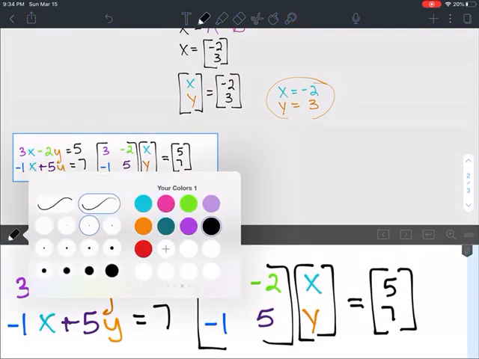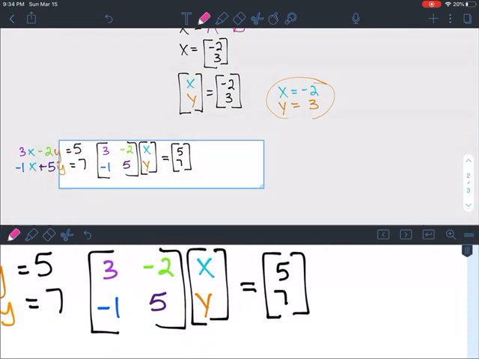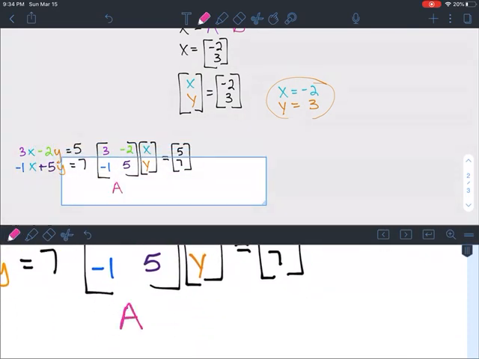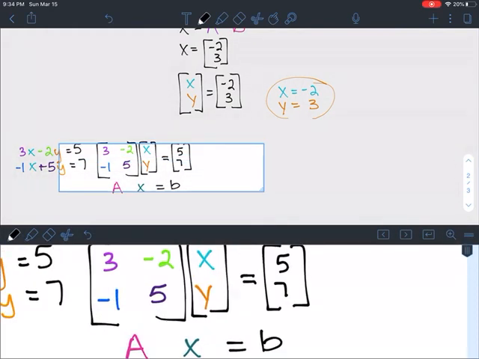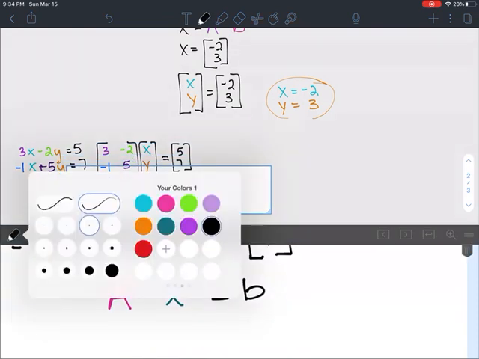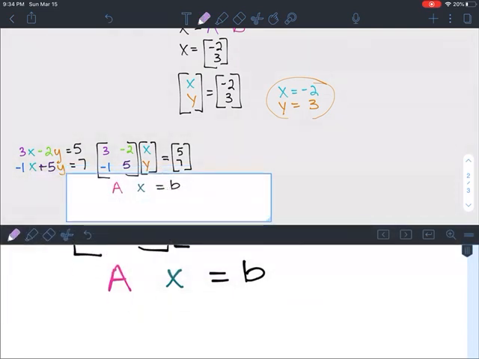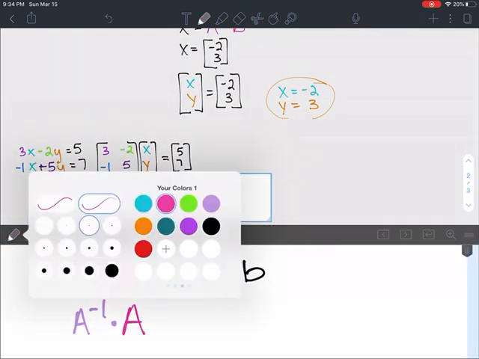So what we're going to do now is, again, I'm going to name things. I'm going to call this guy my A. We will call this X. And this is going to equal B. So I'm going to carry out that same process. To get rid of my A, I need to multiply it by the inverse, which will give me that identity property.